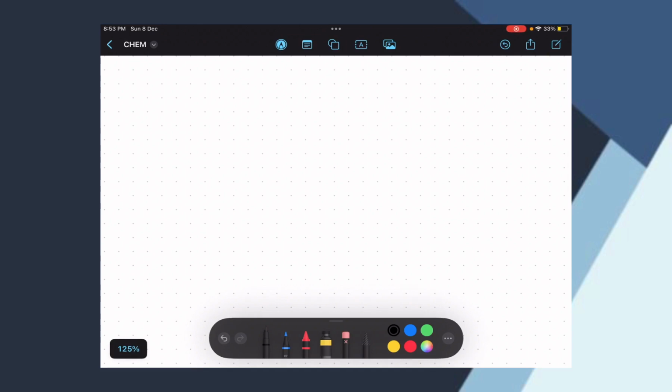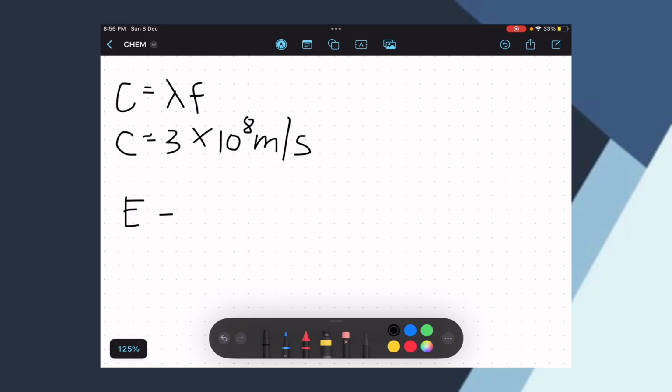So by now we know that the speed of light is equal to the wavelength times the frequency. And the speed of light in space is 3 times 10 to the power of 8 meters per second. And now the energy of a photon is equal to Planck's constant times the frequency.